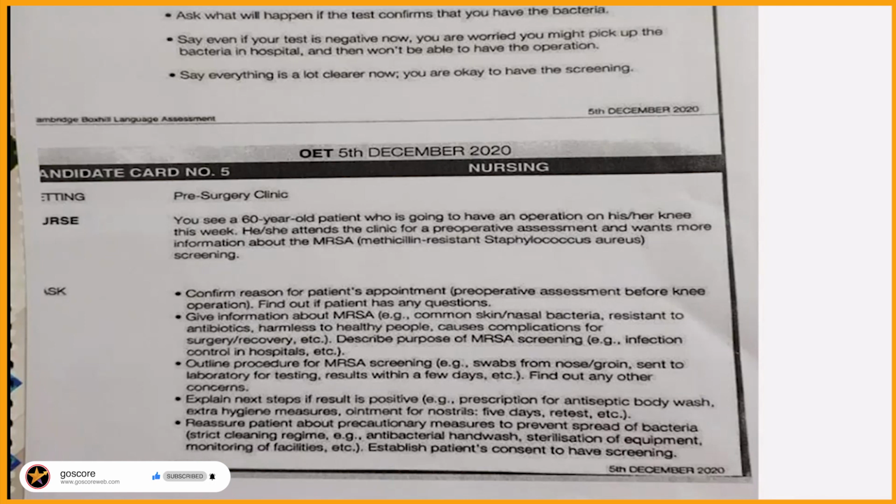As using antibacterial hand wash, sterilizing every equipment we use, then use a connector. In addition to monitoring of facilities here, what I understand is maintaining, ensuring high level of cleanliness and hygiene.